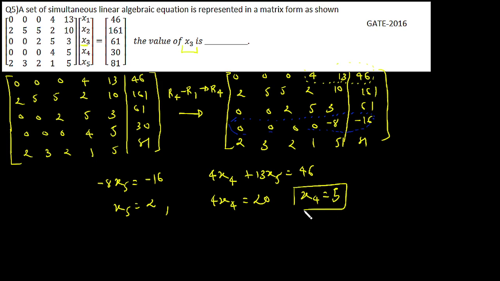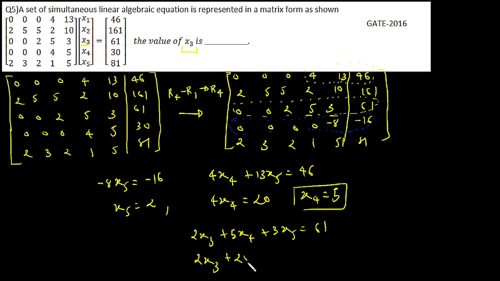Okay, now from this third row we get the value of x3 because we know the value of x4 and x5. So 2x3 plus 5x4 plus 3x5 equal to 61. So let's simply put the values of x5 and x4. So 2x3, here x4 is 5, so 5 multiplied by 5, 25.